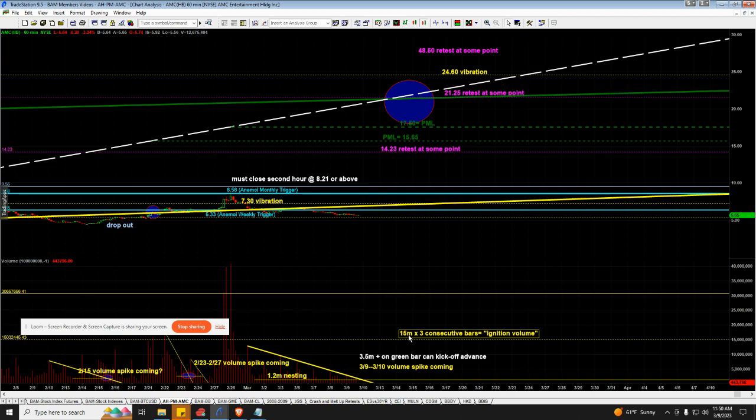We can't have 2 greens, then a red, then a green. They need to be 3 consecutive bars above 15 million shares.